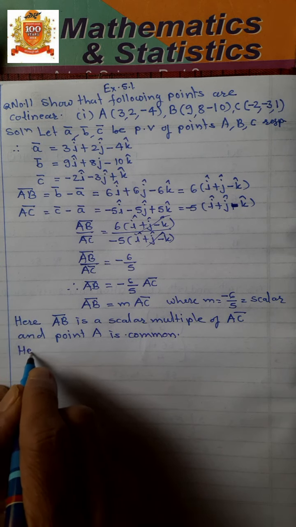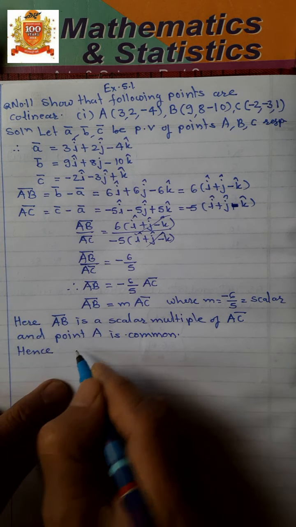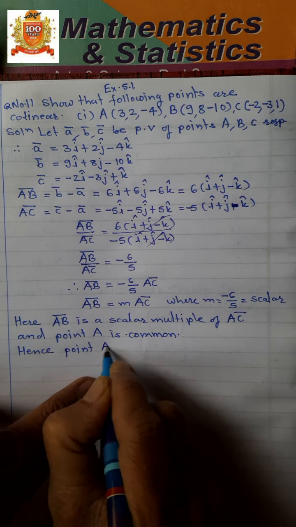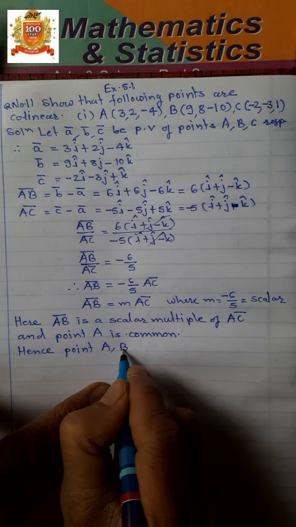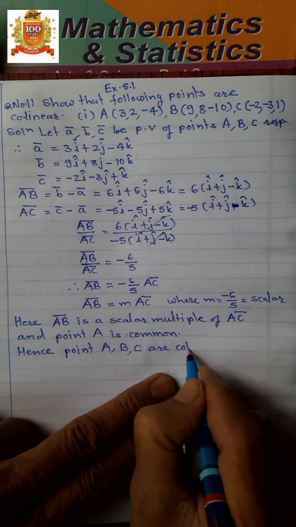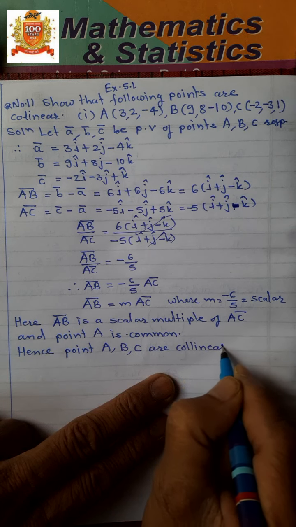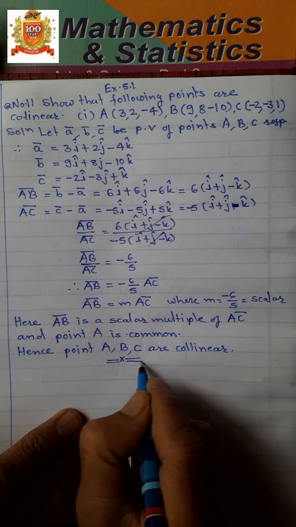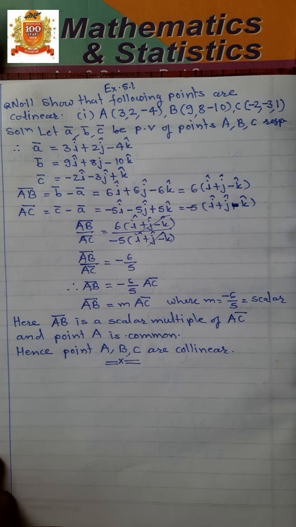Hence, points A, B, C are collinear. In this way, we show these 3 points A, B and C are collinear.